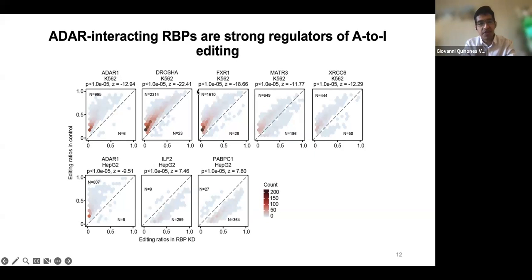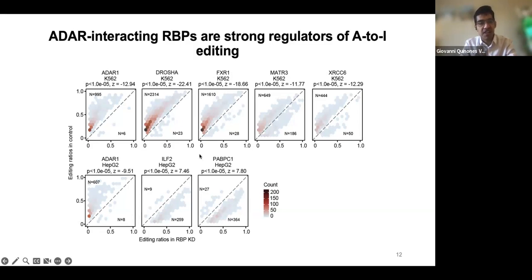And we observe a number of them that have a very significant effect on editing in the same direction as ADAR. So I previously mentioned DROSHA and FXR1 from our first figure, how they have this very upregulating bias so that the control has higher editing levels than the knockdown.